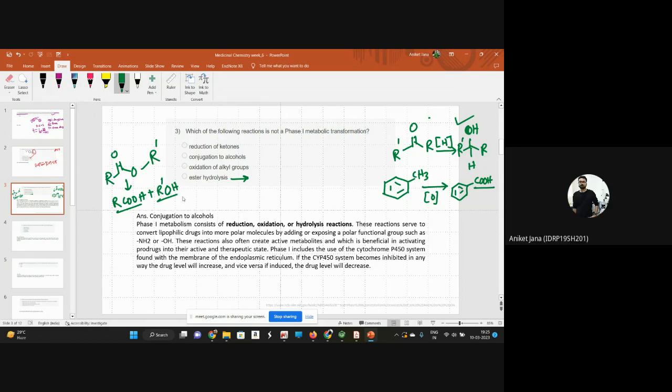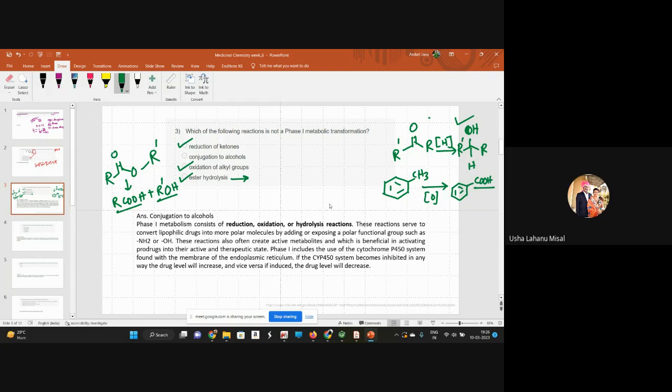Polar one. So in all three reactions, starting from the non-polar compound, we are getting a polar one. So is this a phase one metabolic reaction or not?